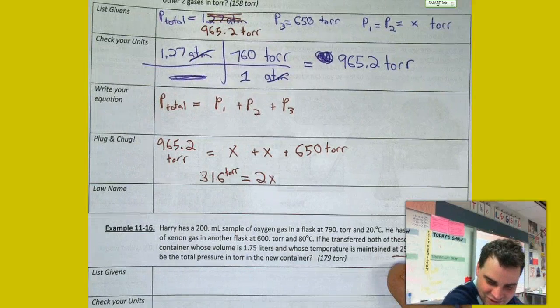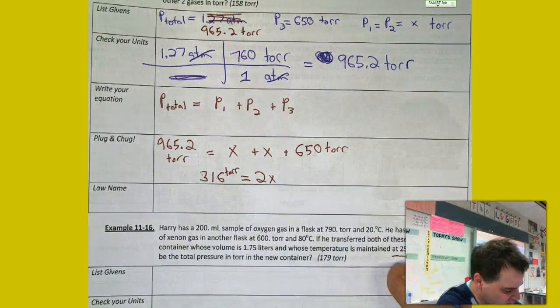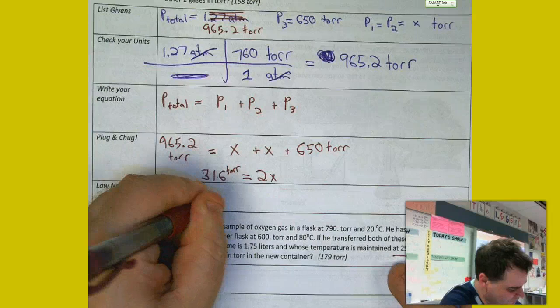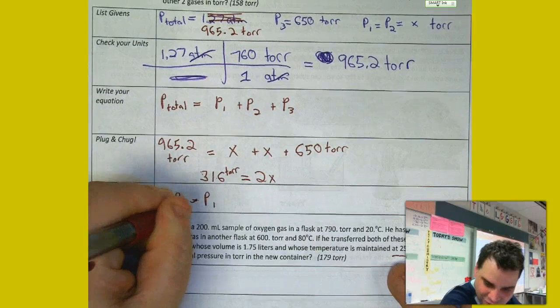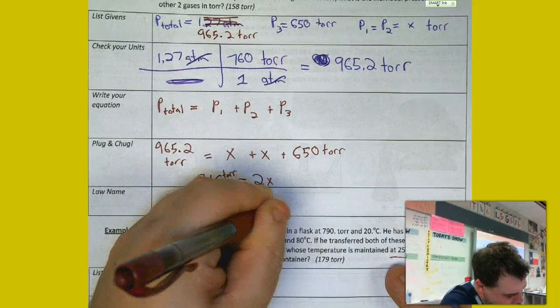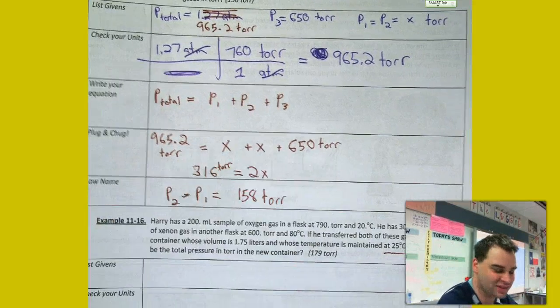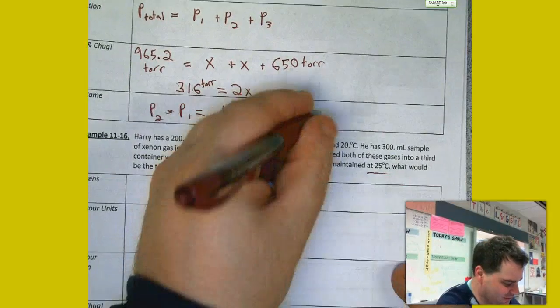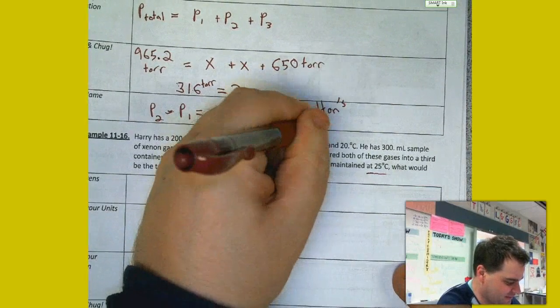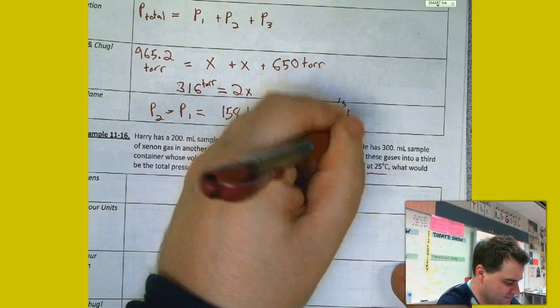At least I think it is. Yeah. Divide both sides by 2 and you get a partial pressure of 158 torr. And this is infamously known as Dalton's law of partial pressures.